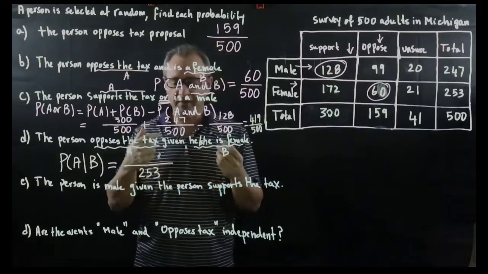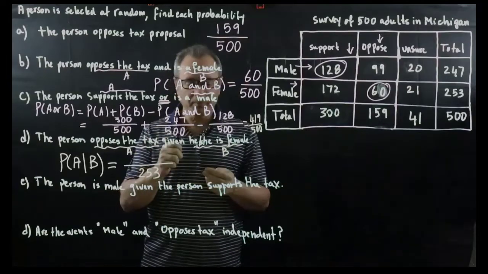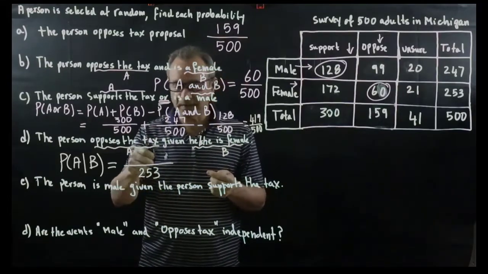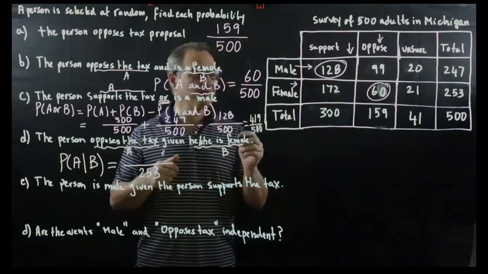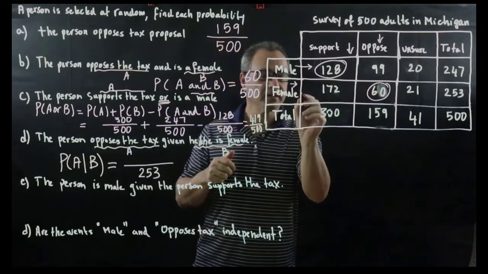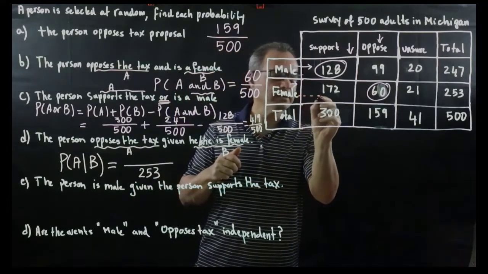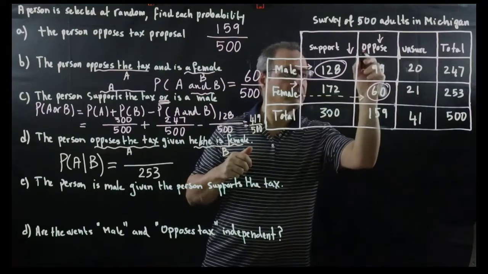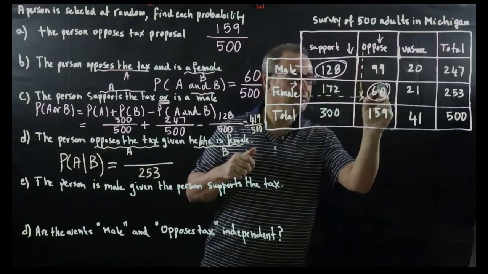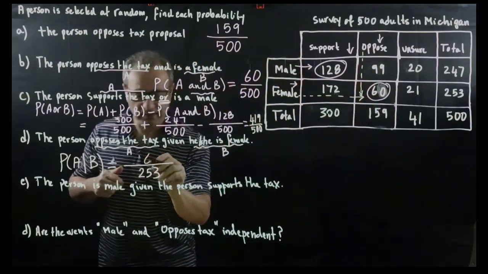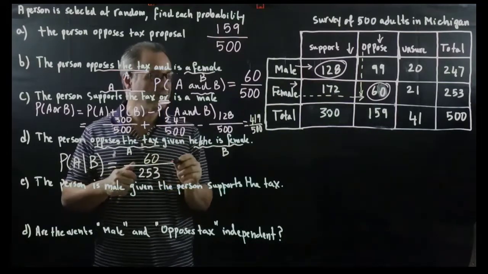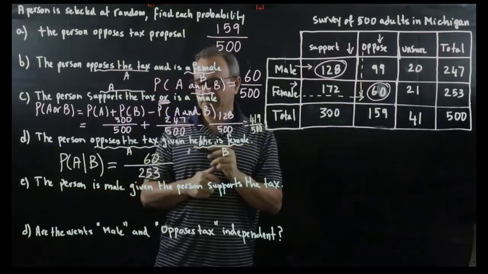Now what is the numerator? The favorable outcome. We want the person to be a female but opposes tax. How many females are there who oppose tax? Right here, guys. You can see this. Who oppose tax? Where do they meet? At 60. So it is 60 divided by 253.